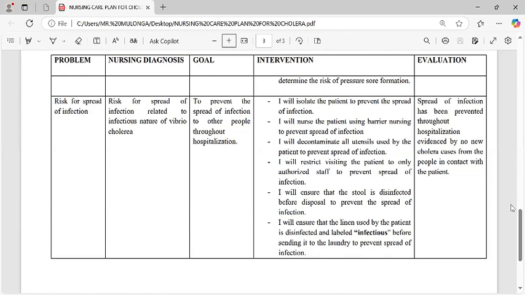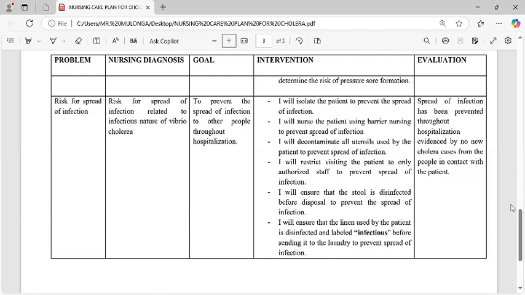Then lastly, I will ensure that the linen used by the patient is disinfected and labeled infectious before sending it to the laundry to prevent mixing it with other linen and therefore prevent the spread of infection.